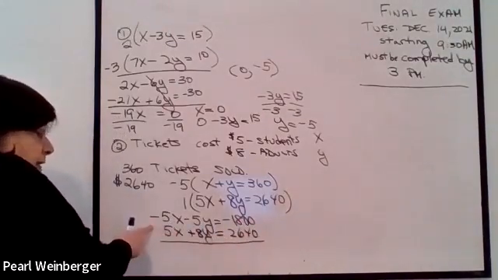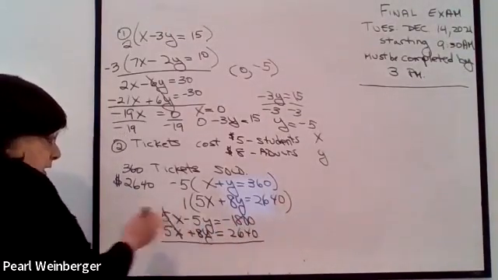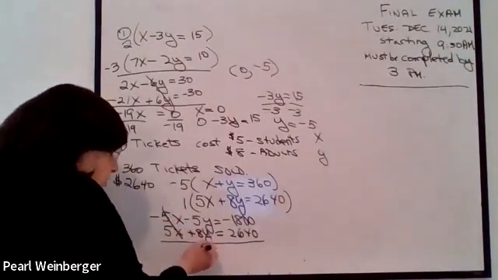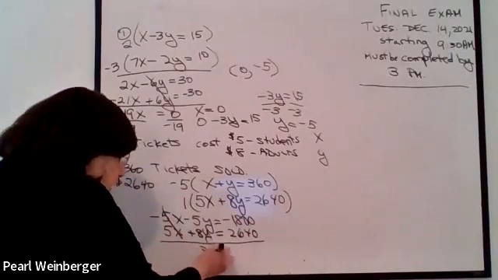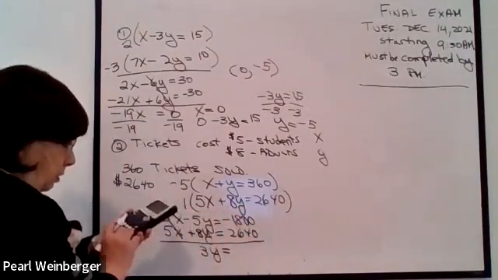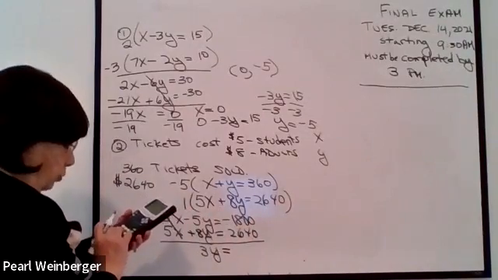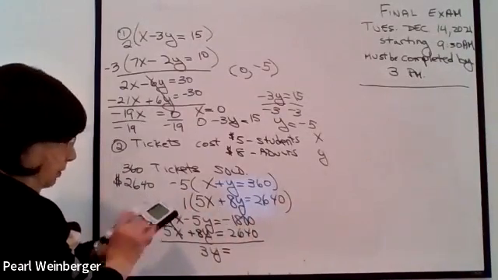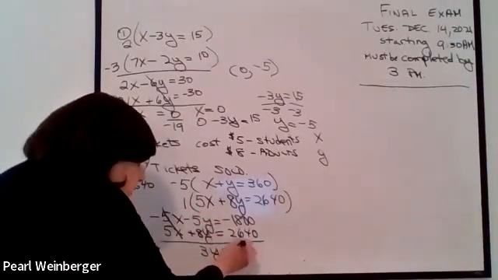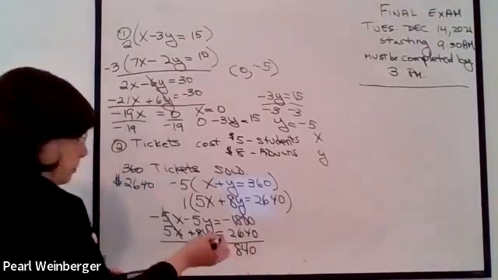Okay, so when we add, the negative 5X plus the 5X cancel, the negative 5Y plus the 8Y gives us positive 3Y, and the negative 1800 plus the 2640, and again, I'm doing this on my calculator, gives me 840.